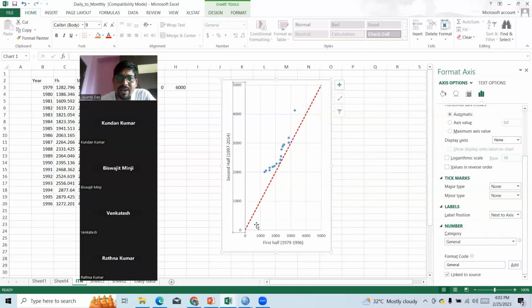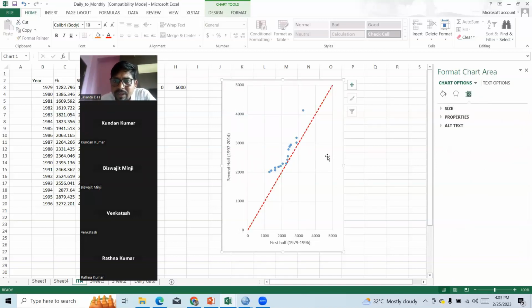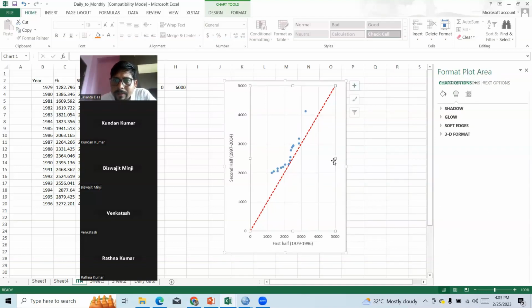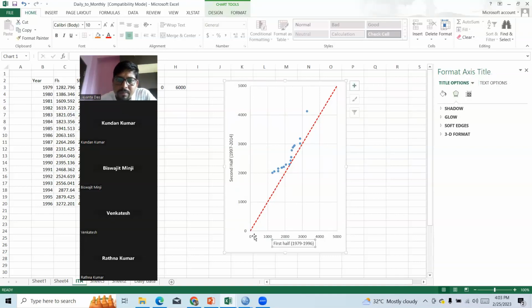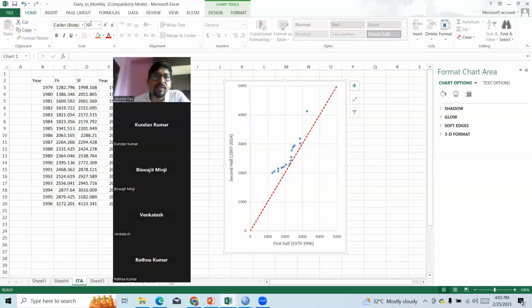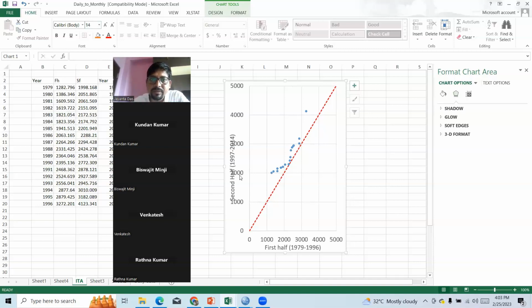But we can change this orientation, right? We can increase the size. But you should increase this font size to at least 14, otherwise it will not be visible in your published paper.